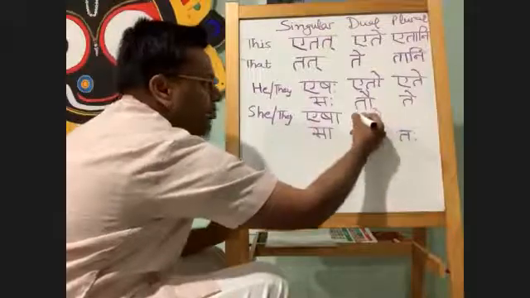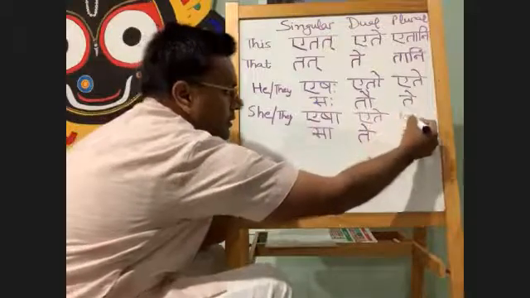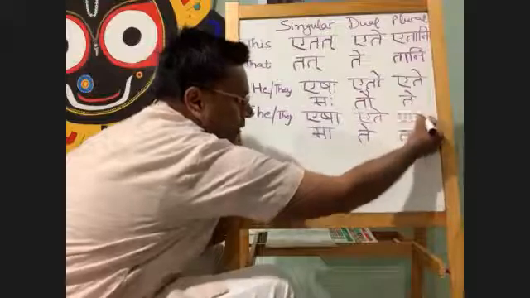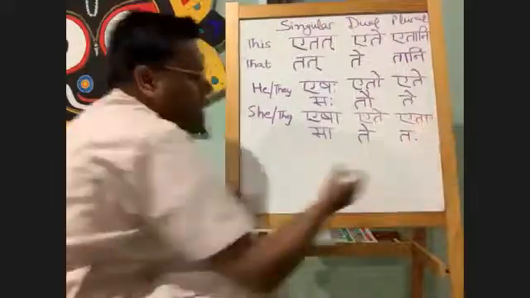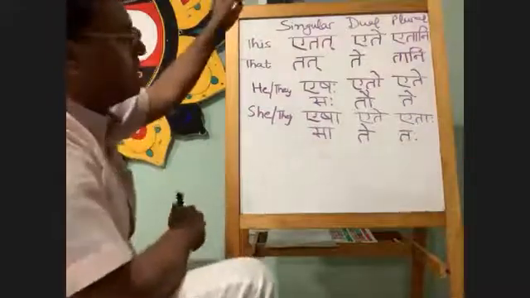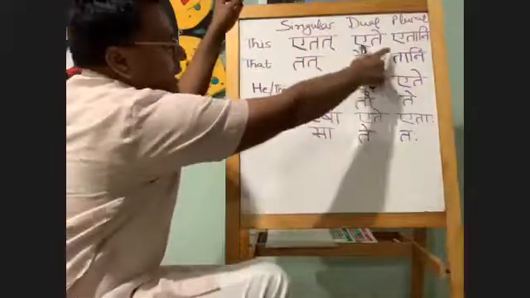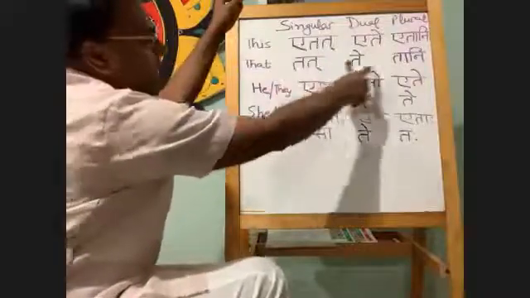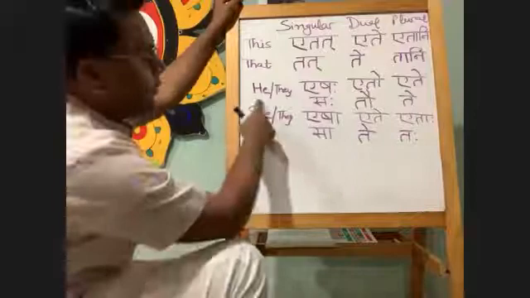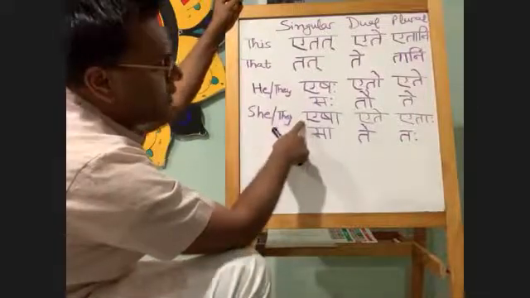So basically, you have to memorize these, which may be a little too much for you in the beginning. But when you memorize, you will become used to this. So etat, ete, etani, tat, te, tani, addressing this and that. The same way for he and she, esha, esha.